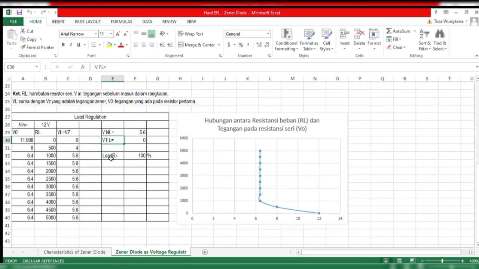The equation is VNL minus VFL divided by VNL times 100.